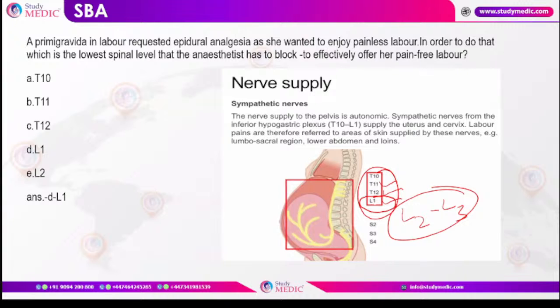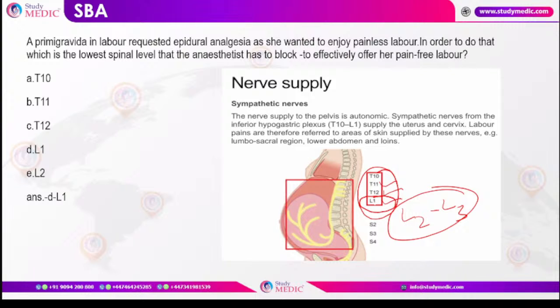This is during labor. Now, if you want to do some assisted vaginal birth, like applying a rotational forceps or a ventouse, is the epidural that you have given going to be sufficient? It's not going to be sufficient. In addition, you have to give a pudendal block if you are doing a mid-cavity procedure.